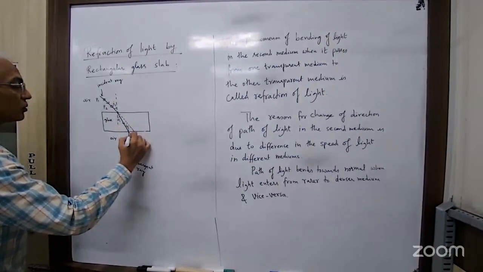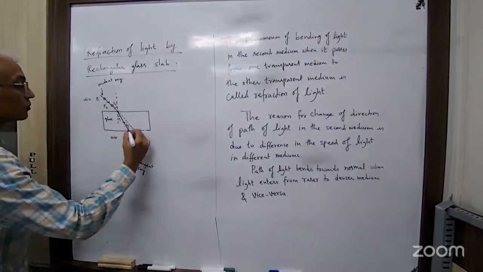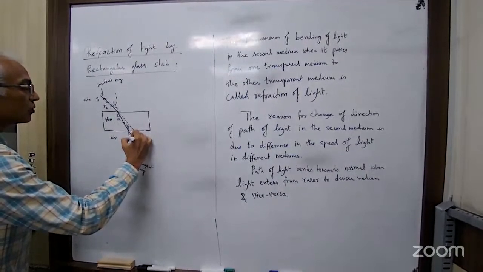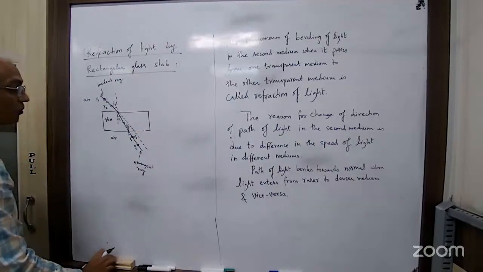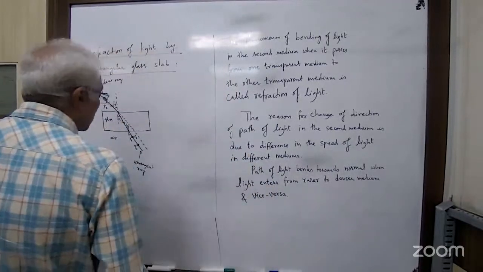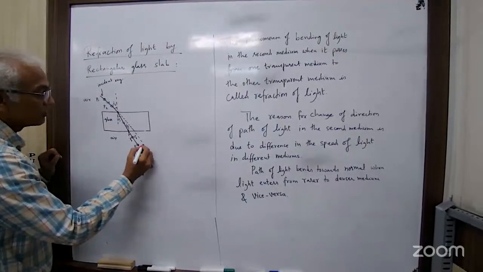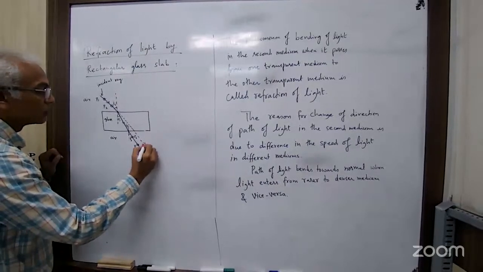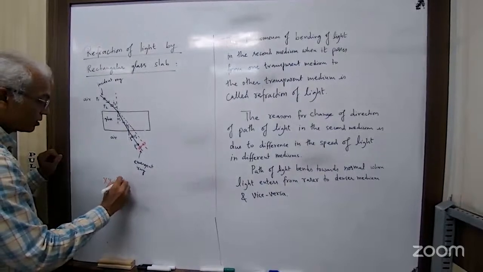And this is R2. So what you observe is in the emergent ray you have lateral shift. I'm calling it XY. So XY is the lateral shift.